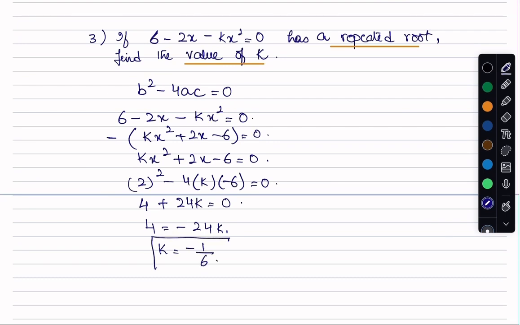So for the discriminant to be equal to 0, the k value needs to be negative 1 by 6.